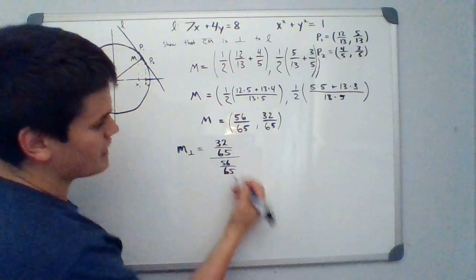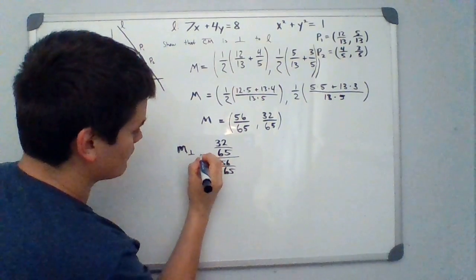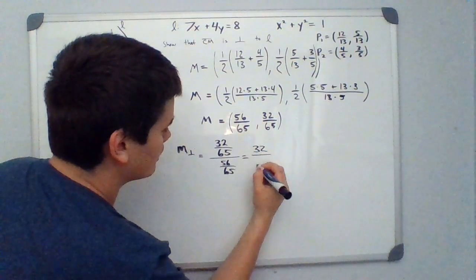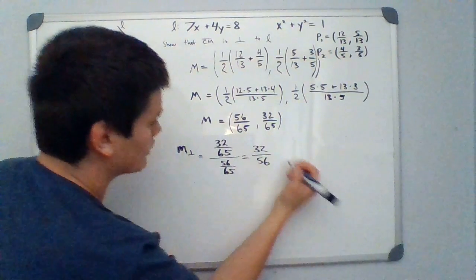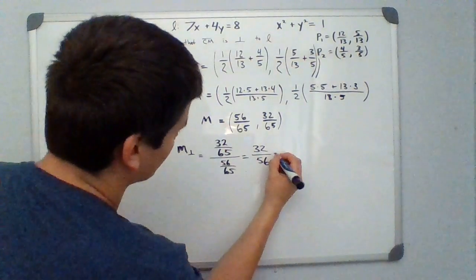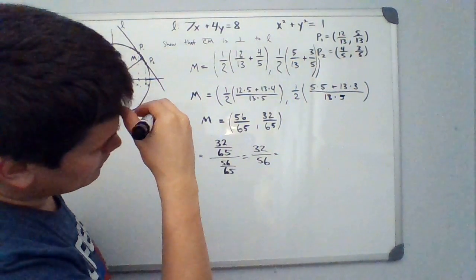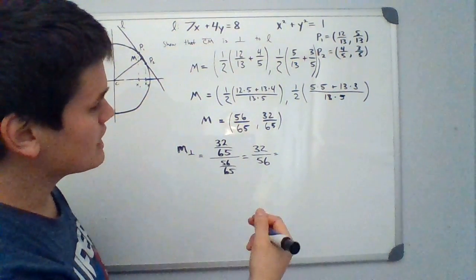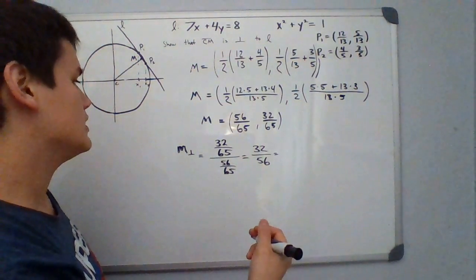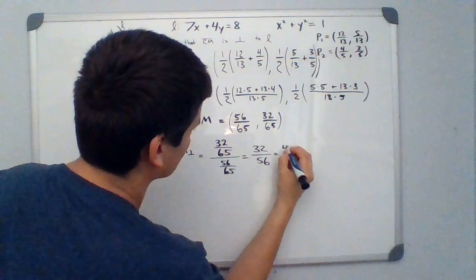And we'll see that 1 over 65 divides itself out. So we have 32 divided by 56, which reduces to 16 over 28, or 8 over 14, or 4 over 7.